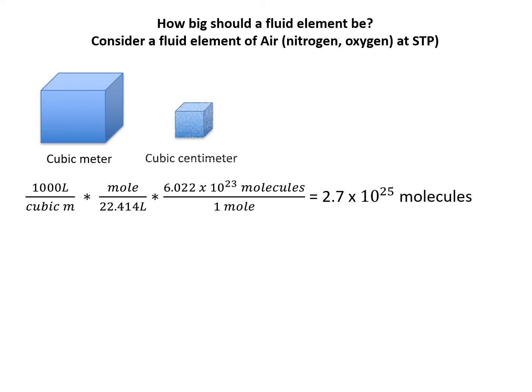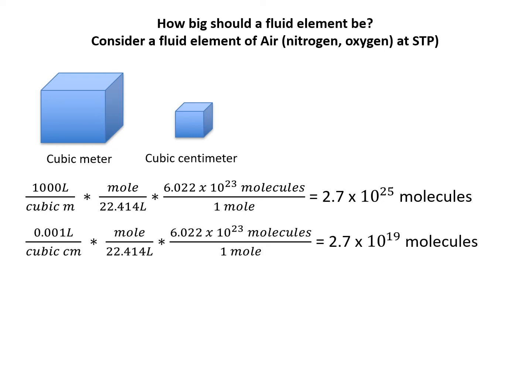So how about if we go down to a fluid element that is a centimeter on each side of the cube? You do the same thing. You can do the math. You know how much volume is taken up by 1 mole and how many molecules are in a mole, and what you see is that in that cubic centimeter, which is a milliliter, right, that's 10 to the 19 molecules.